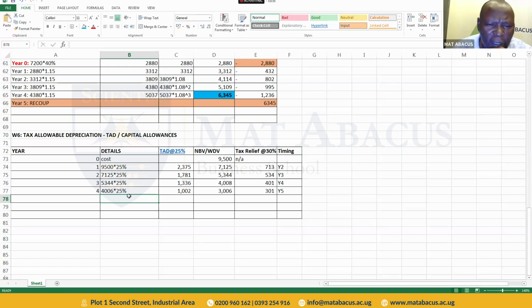I could have brought it in, because if I'm doing the depreciation up to that level, what happens to year 5 when I will scrap? I'm going to scrap, even though the asset is assumed by year 4 to be at 0, but it still has a figure. And therefore, because it has a figure, there must be a balancing charge finally. And it would be good if I brought the scrap here.